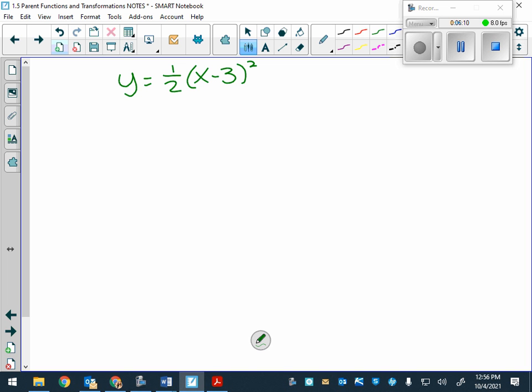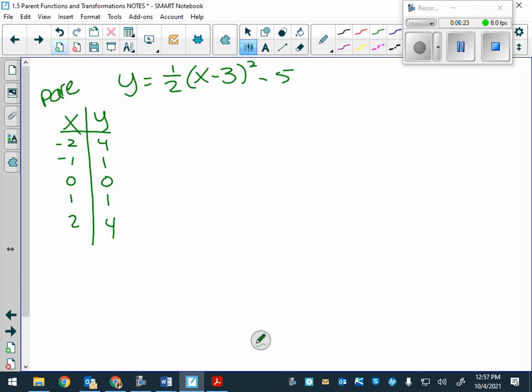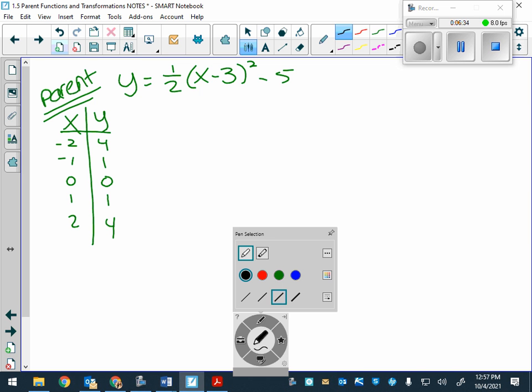Is it down 5? Down 5. Okay. So if I start with my parent function, okay, this is your parent function, I can move the x values at any time, which I'm going to start with first. So if I had to move, you guys told me right 3, what operation am I doing to x?